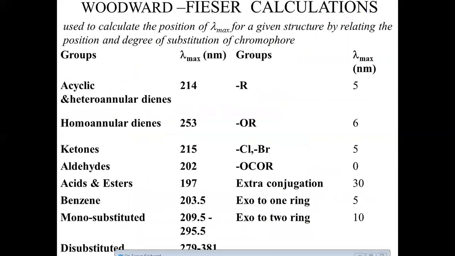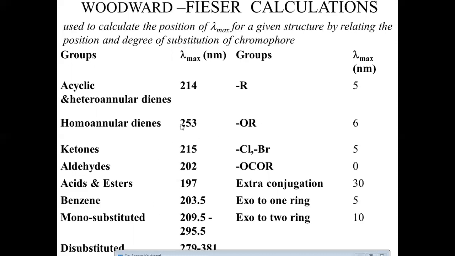Next, Woodward and Fieser were the two scientists who collected the data of all the experimental values and arrived at the theoretical calculation of the lambda max values. So they could calculate the lambda max values for conjugated dienes and alpha beta unsaturated carbonyl compounds.